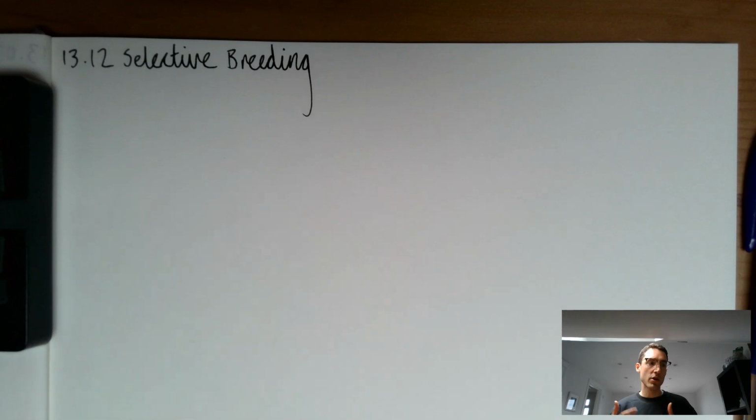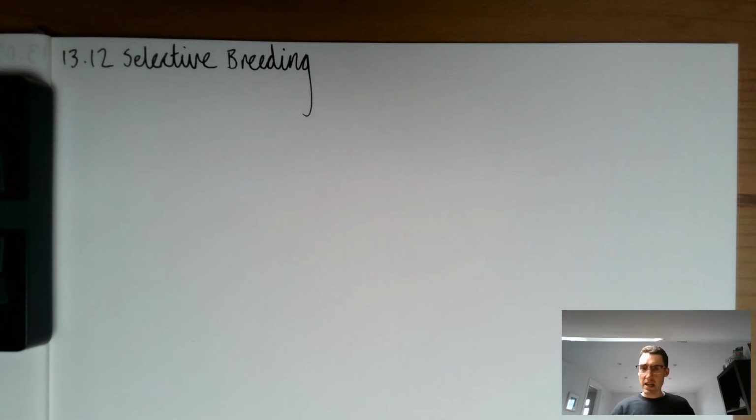Now we're going to look at the process by which different species can be introduced and kind of distinguished from one another from having a common ancestor. So you can see how this links back to Darwin's finches and lots of the other things that we've been talking about through this scheme of work.